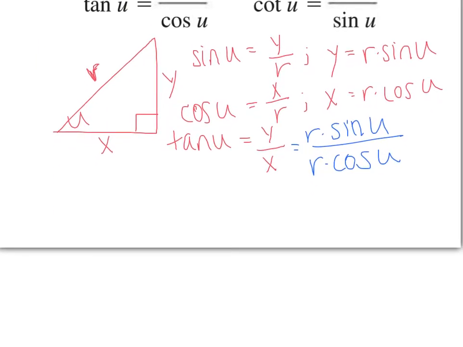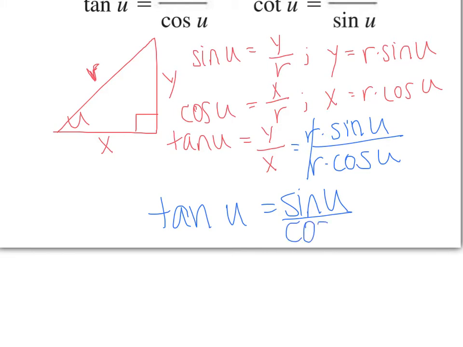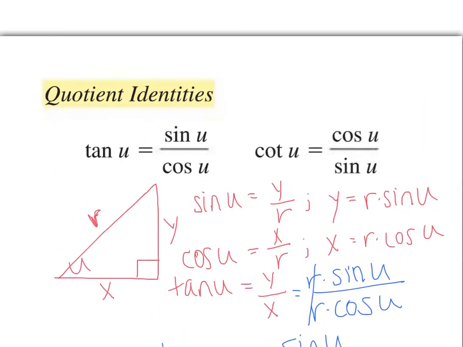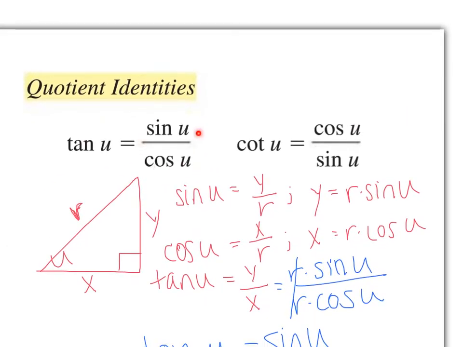And r divided by r is going to cancel. So I'm going to be left with tangent u equals sine u over cosine u. And then cotangent is the reciprocal of tangent. So if you flip the sine and cosine over and make it cosine over sine, you have cotangent.